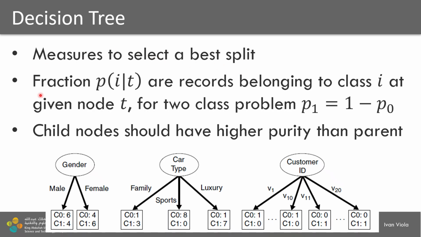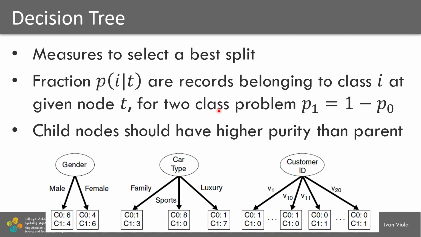In case we have two classes, the fraction p_i t, the records belonging to class i at a given node t, should become either zero, or it should be the maximum possible, in the children, and that would be considered a good split strategy.